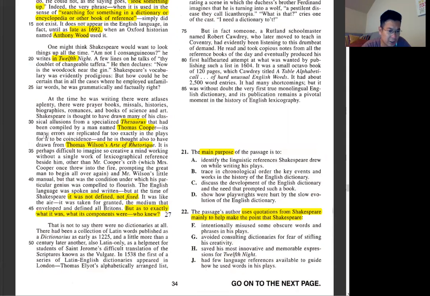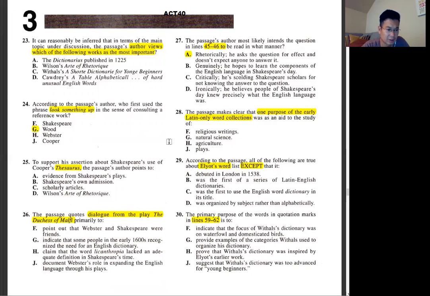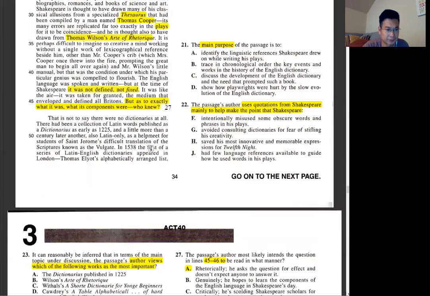Errors typically appear exactly in the plays, too exact for coincidence, he thought it was used and drawn from, and so on. So in the plays. So the evidence is from the plays. Shakespeare owned the plays. And then move on to the next one.